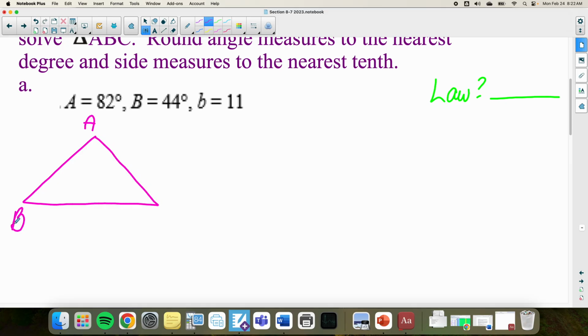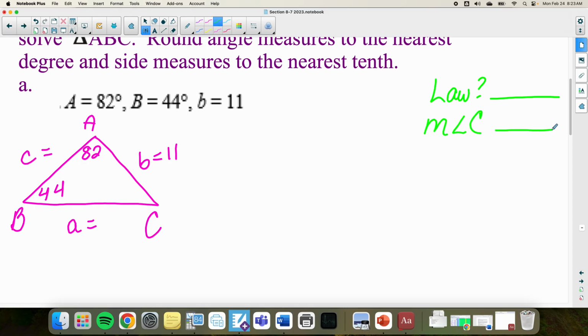So A, B, C, A is 82, B is 44, and little b is 11, little a is here, little c is here. So one of the things we have to start with is what is the law that we're going to use first. Then we have to find measure of angle C. We have to find little a, as well as little c, okay?